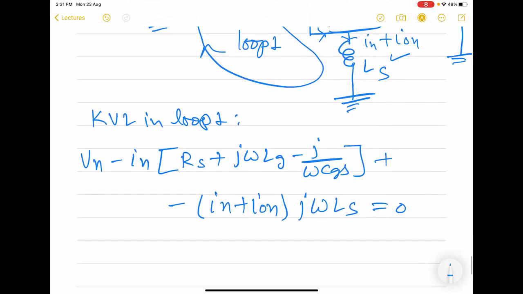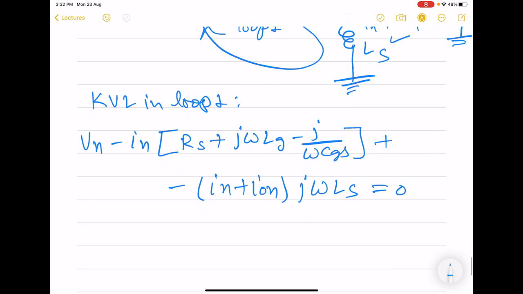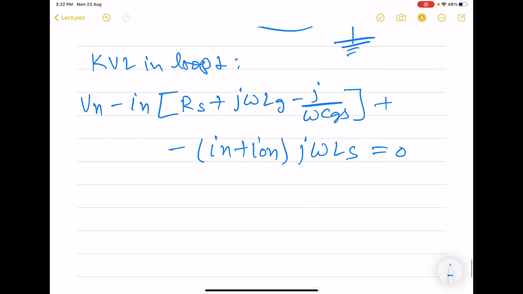We are interested in finding out ION. So the expression for ION is gm VGS. Now we need to substitute this VGS.